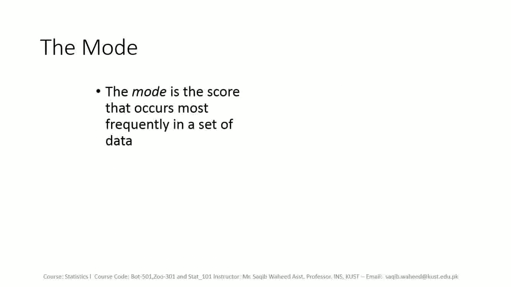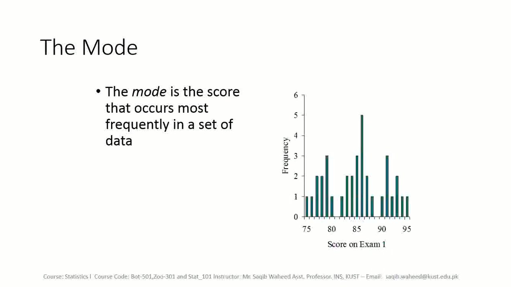With the help of examples, we discuss the mode. So what is the mode? The mode is actually the score that occurs most frequently in a set of data. Graphically, we represent the mode position.